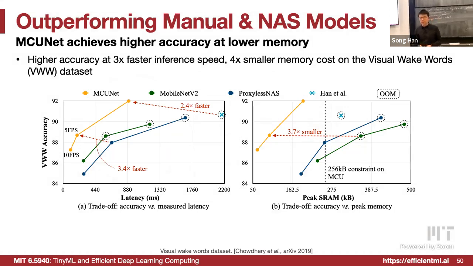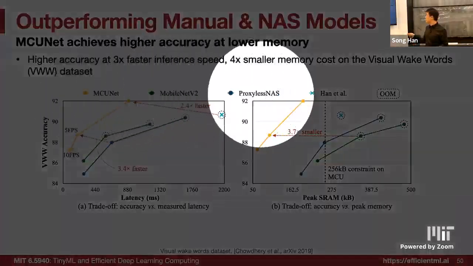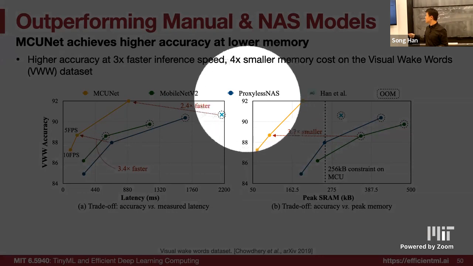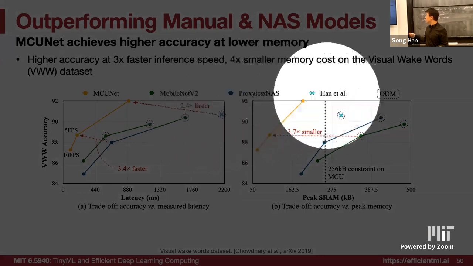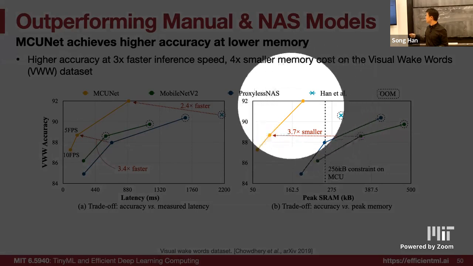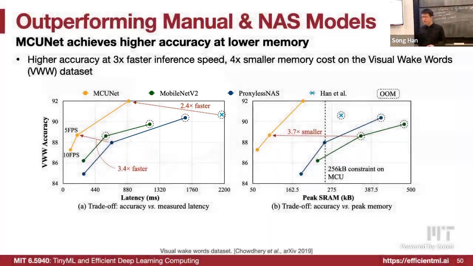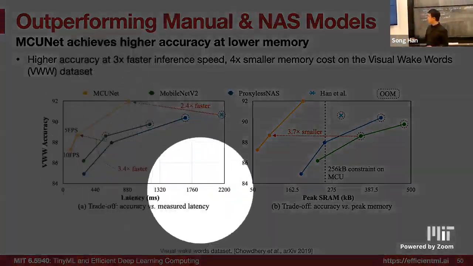So this is comparing MCUNet with different prior work. This is MobileNet, ProxylessNAS, we learned before. This is our winning solution in 2019. Actually, we make it 2.4 times faster. So this is the latency, the lower the better.